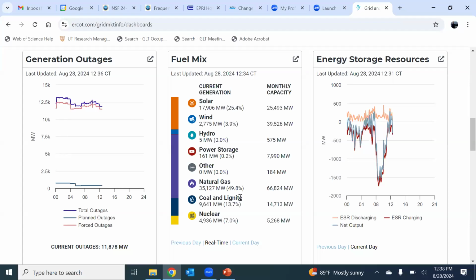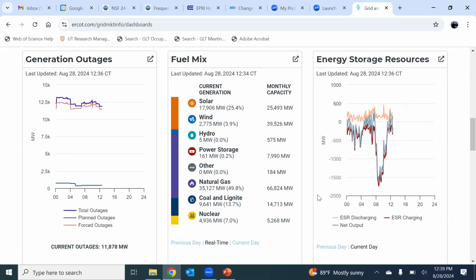Do you rely just on natural gas for those situations, or can you somehow design the market to incentivize the creation of more energy storage? Last year, ERCOT put a few new market rules in place to incentivize batteries. Right now, here's the energy storage resources dashboard.